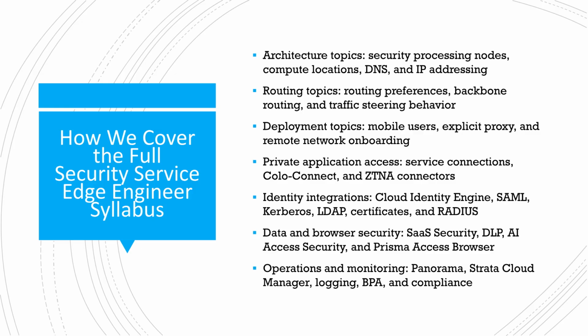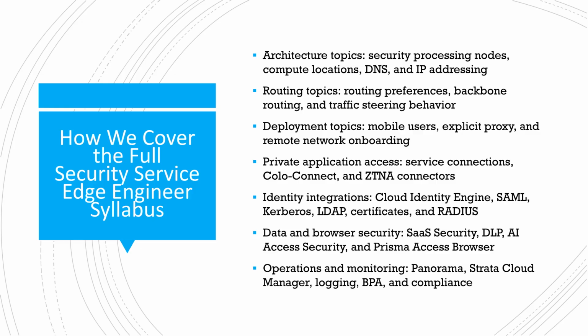We then shift into identity and authentication, looking at Cloud Identity Engine, SAML, Kerberos, LDAP, certificates, and Radius, to understand how users are identified and mapped to policies. Another major cluster covers advanced and data security services, such as app acceleration, traffic replication, IoT security, privileged remote access, remote browser isolation, SaaS security, enterprise DLP, AI access security, and the Prisma Access browser portfolio.